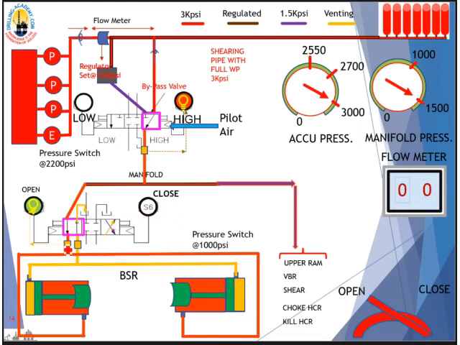The one which will be vented later will stop sending signal, and the open light will go out. Accumulator pressure gauges and manifold pressure gauges will all drop, the pump will run and charge up the system, and the accumulator pressure gauge and manifold pressure gauge will come back up. And after finishing the function, the flow meter will stop running.